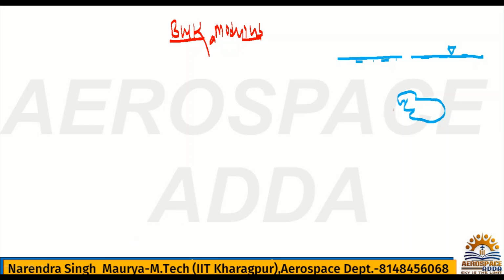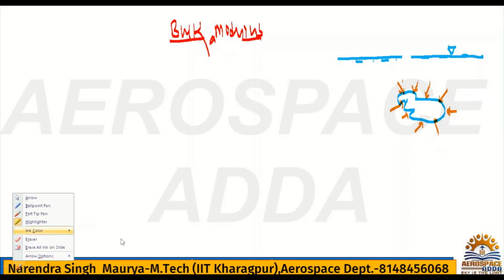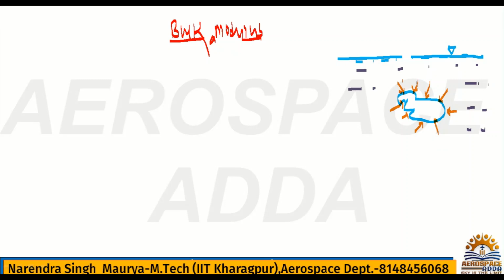A force will be applied in all directions perpendicular to the surface, like this. Since it is fluid, force will be applied by the fluid particles around the surface of the body, and it will be in all directions, which are mutually perpendicular.